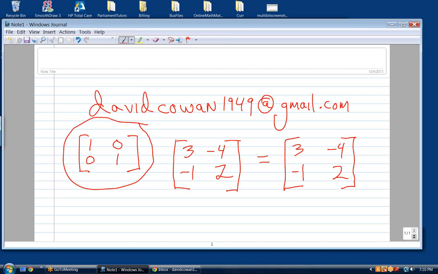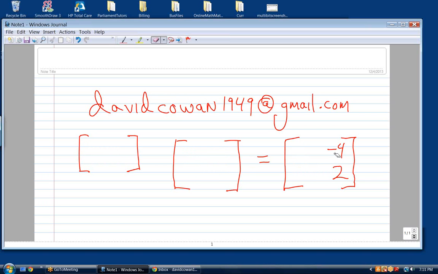I'm calling it the unity matrix. I think there is a special word for it. I just can't think of it. I'd have to look it up. But anyway, that has the special property that if you multiply it by another matrix, you get the same matrix. And that comes into play also when you start trying to solve equations using matrices.